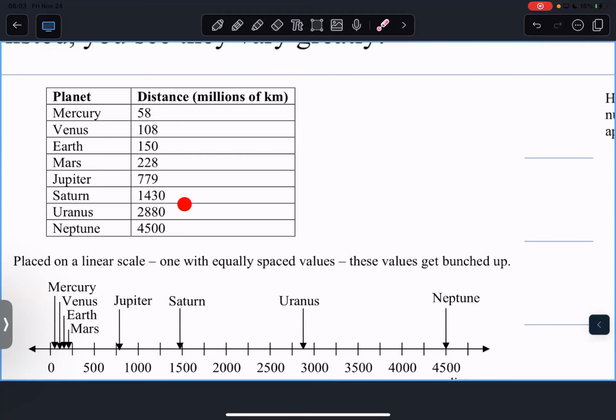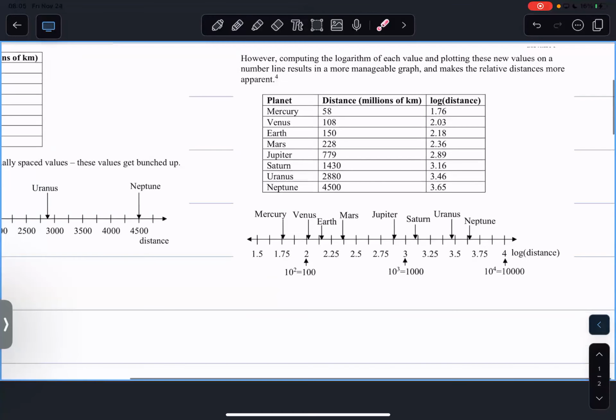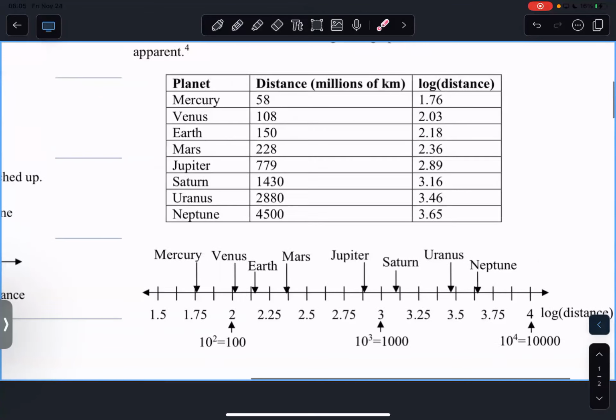We're going to use log base 10, which I'll show you why, but we're going to take the log of these values. And then what we'll see is, if I take the log of each of the distances, now these are spread out more evenly, and they're on a more similar scale.